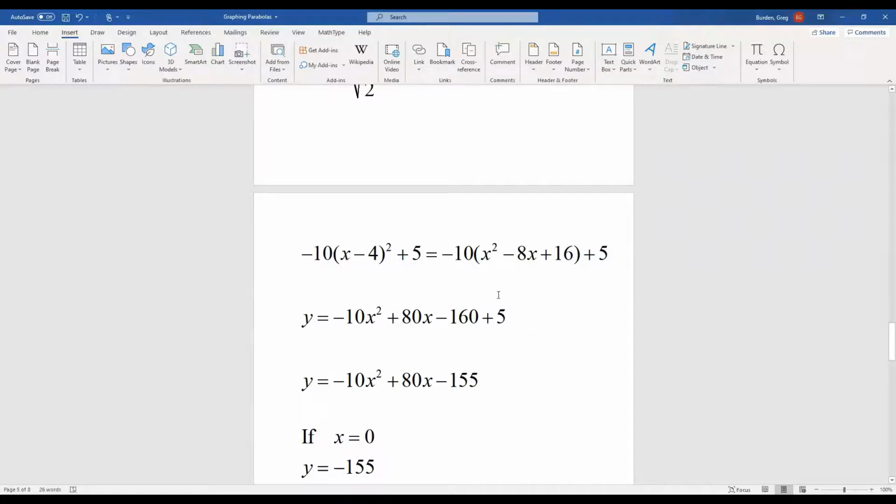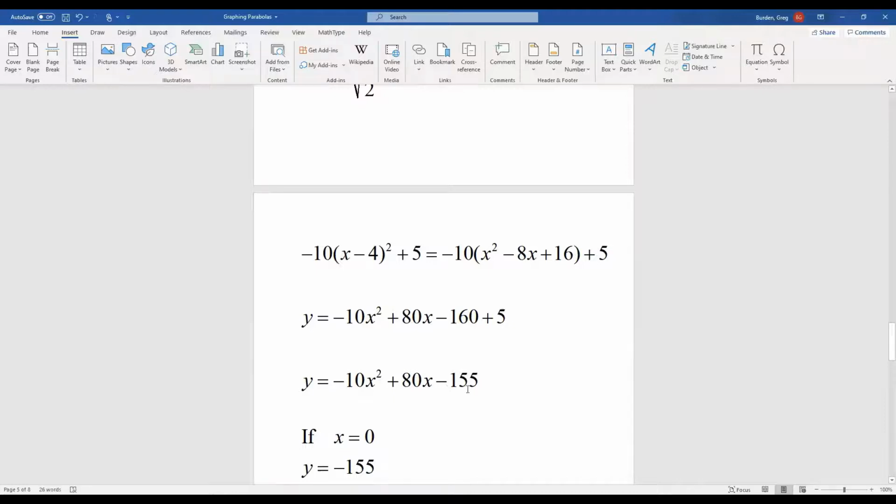So if you square x minus 4, you get x squared minus 8x plus 16. It's x minus 4 times x minus 4. If that's not clear to you, you definitely want to sit down with paper and pencil and multiply this out and see that that's what you get. If you then multiply that by -10, we have -10x squared, -10 times -8, 80, -10 times 16, -160. Add 5.